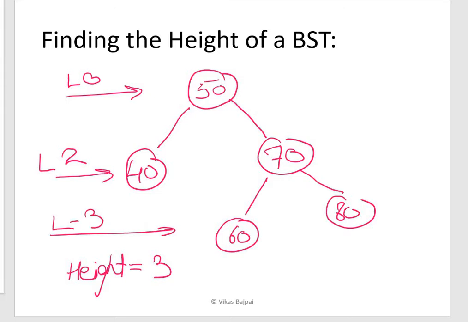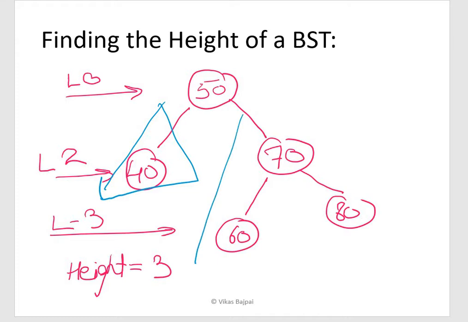Now when it comes to height, what we can do is that we can determine the height by calculating the height of your left subtree and the right subtree, and whichever is greater, in this case this comes out to be greater, then add 1 to it, right?